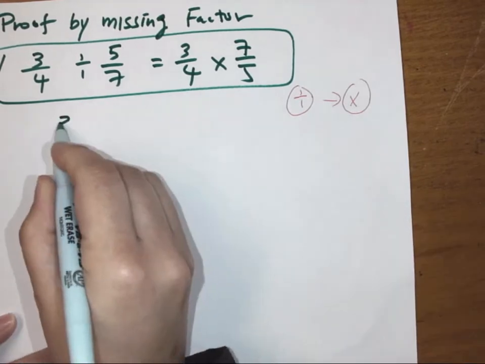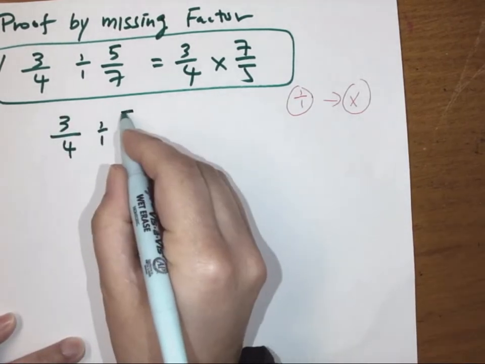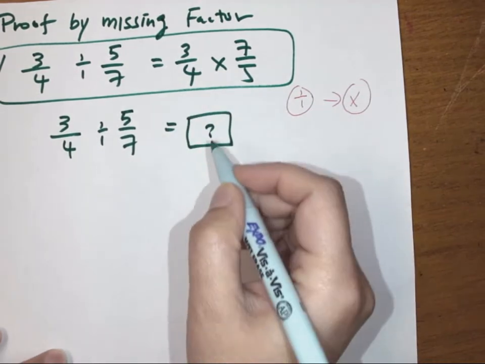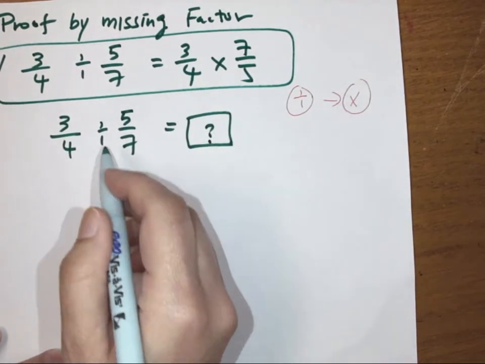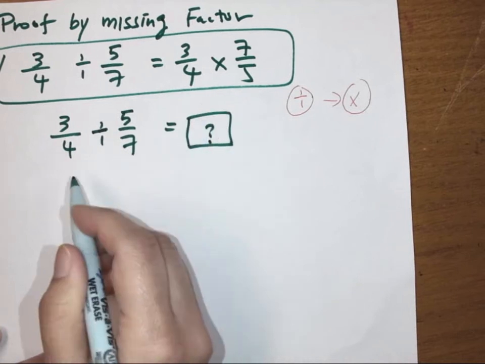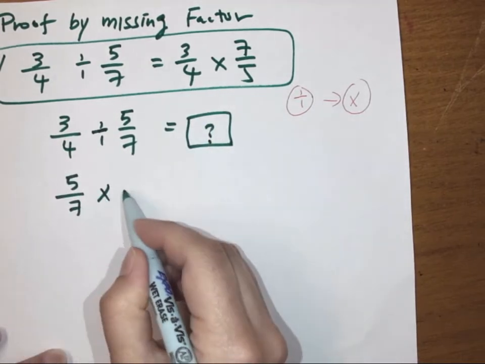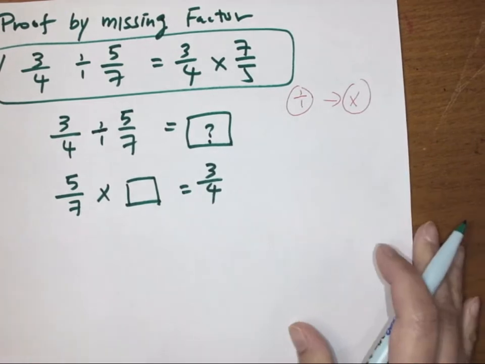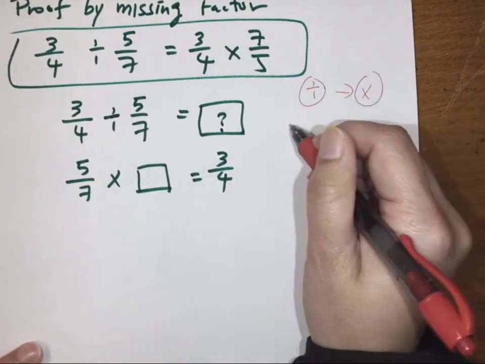We start with 3/4 divided by 5/7 equal to something. If I change it to multiplication, we start with 5/7 and need to multiply by something to equal 3/4. Think about the whole number approach.